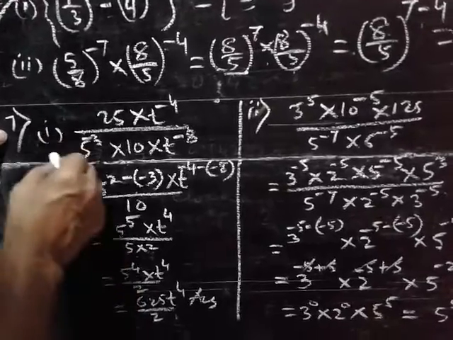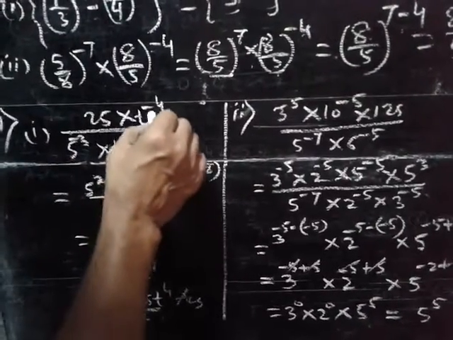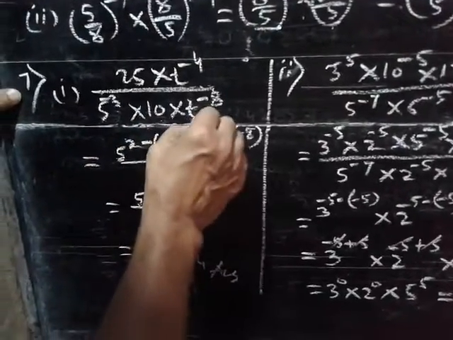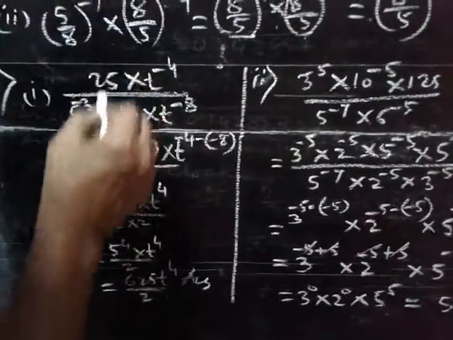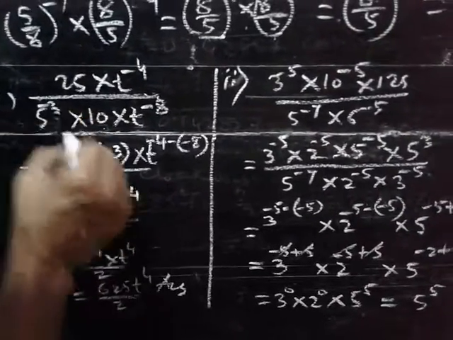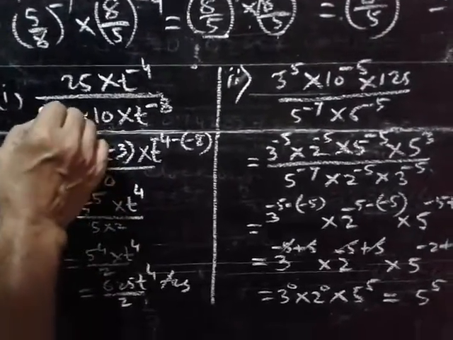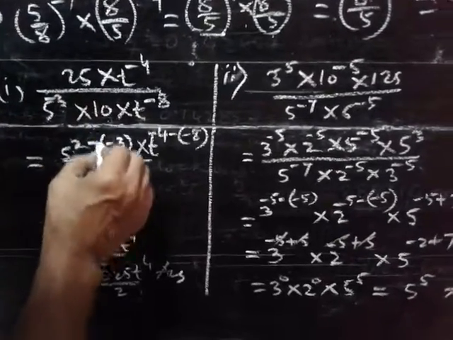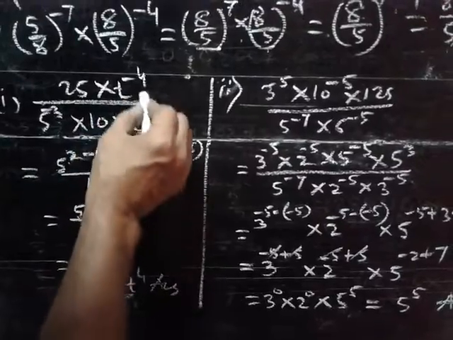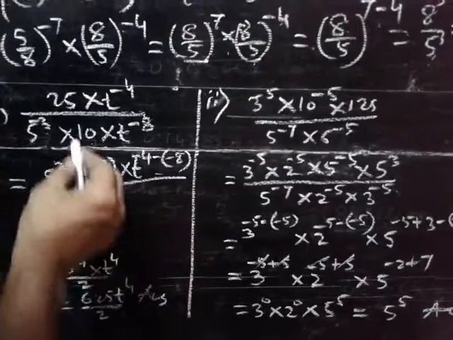Next one is 7, number 1. 25 into t to the power minus 4 divided by 5 cube into 10 into t to the minus 8. 25 equal to 5 square. It is divide, so that is 5 to the power minus 3 here, and the power will be subtracted. And t is here also, it will divide, so the power will be subtracted.